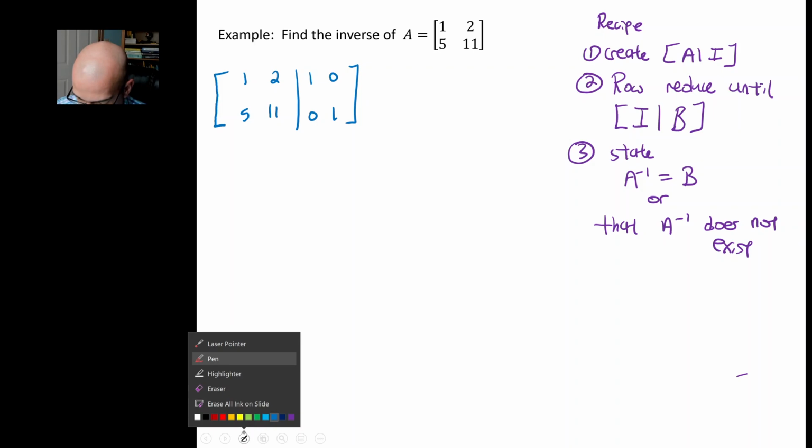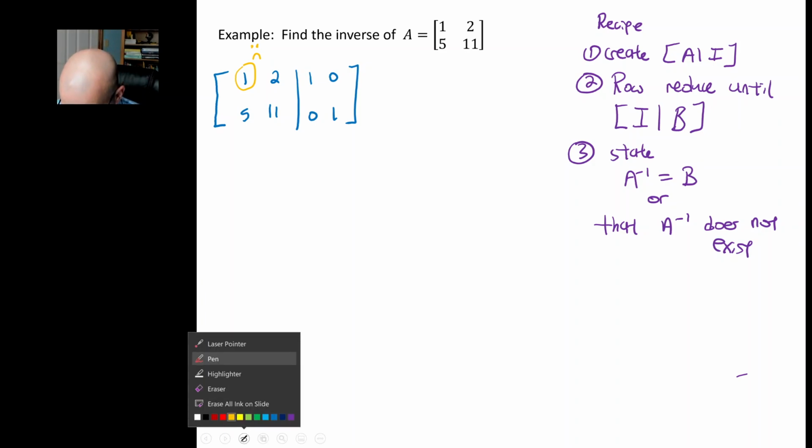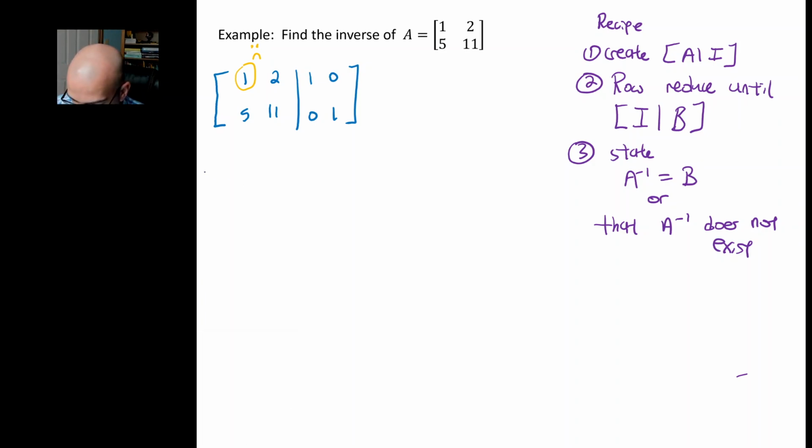So what is the first move? Well, I have a leading 1 in the top left, but it's an unhappy leading 1. I need to zero out the 5 that's below it. So my first move is I'm going to replace row 2. Row 2 has a problem. That 5 needs to be turned into a 0. So I'm going to replace row 2 by row 2 minus 5 times row 1. And I have to do that operation to all of that first row on the left side and the right side.